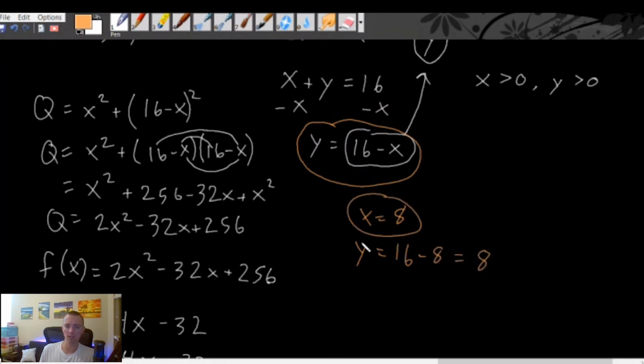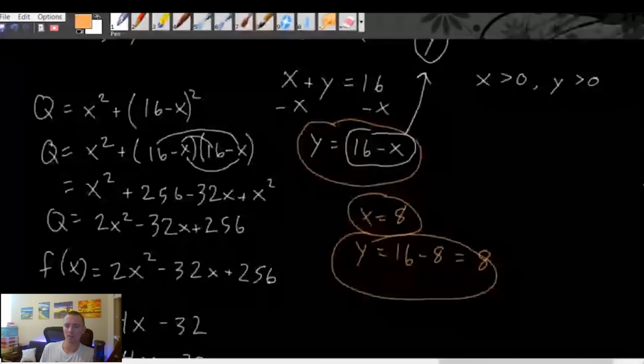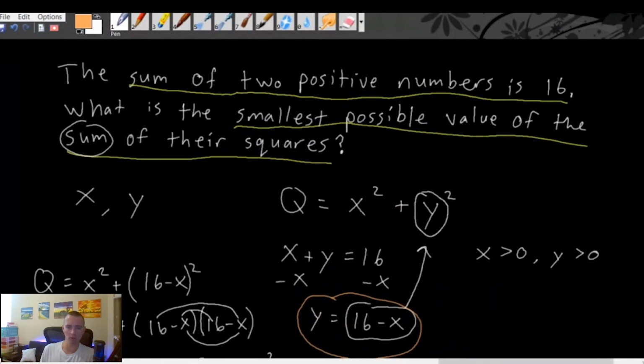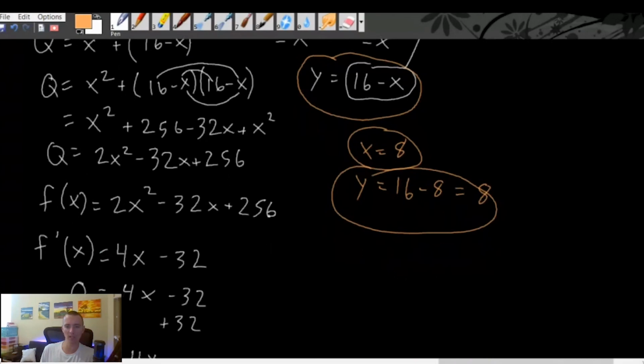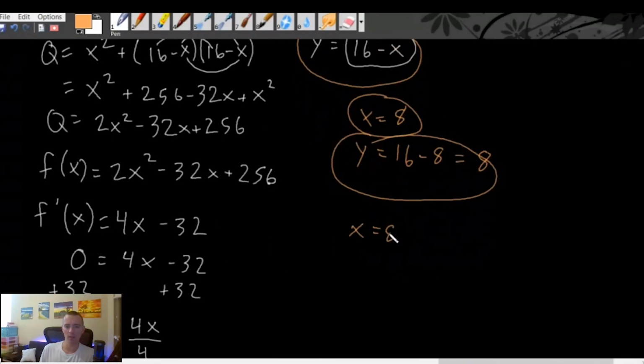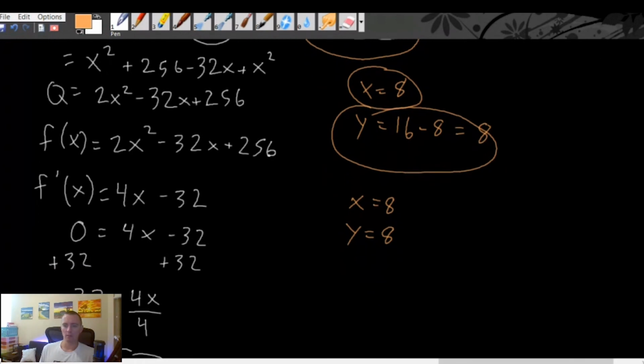So if x equals 8 and if y equals 8, that is going to be the equation where we know that their sum is 16, 8 plus 8 is 16, and the sum of their squares is as small as possible. If we picked any other numbers besides x equals 8 and y equals 8 that added up to 16 and then squared them and added them together, found the sum of their squares, it would be bigger than it would be with these. So that is going to be it for this problem.